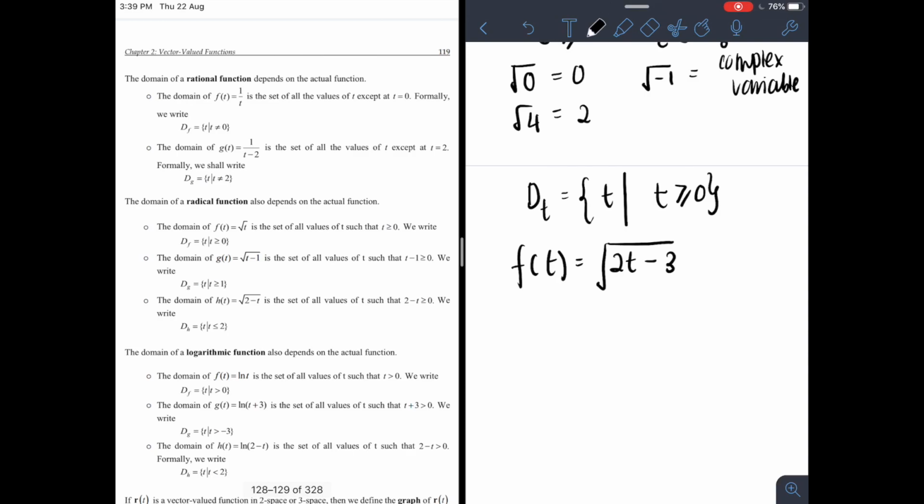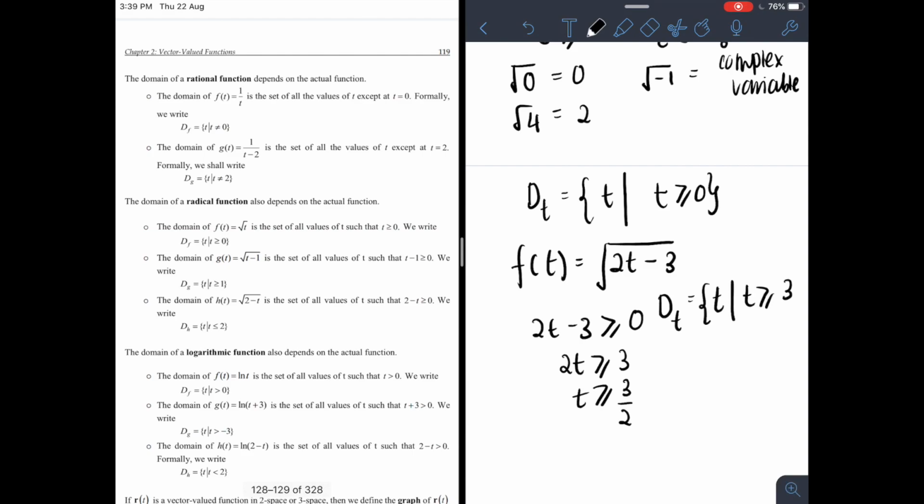So that's why we will take 2t minus 3 larger than or equal to 0, 2t larger than or equal to 3, t larger than or equal to 3 over 2. And then the best answer will be t such that t is larger than or equal to 3 over 2.